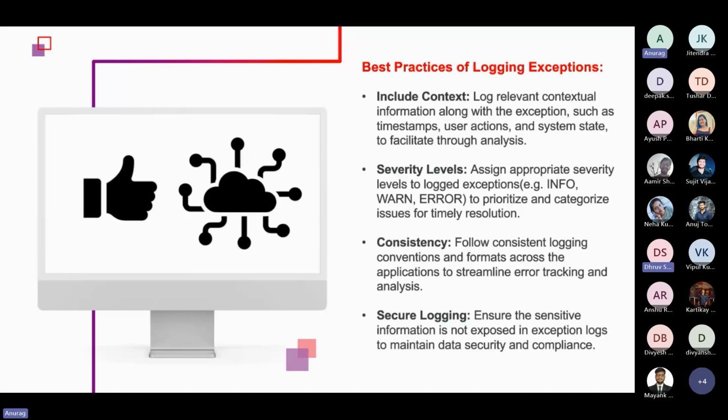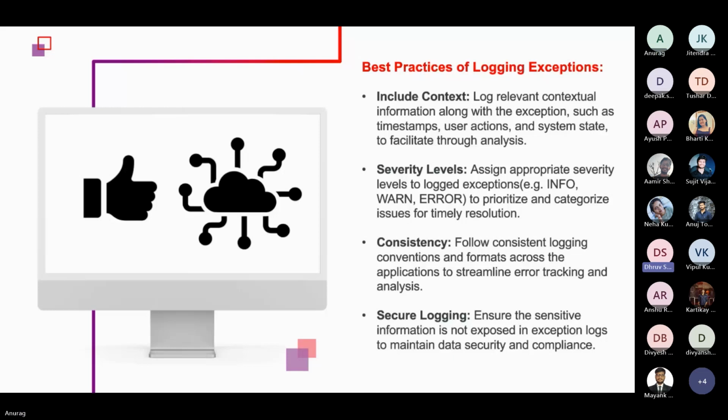So any info specific to any API will be logged by log.info. And if we are assuming any error in any specific part, then we can log that error by log.error, and any warning by log.warn. And after that, consistency. Follow consistent logging conventions and formats across the application to streamline error tracking and analysis. So this is also a best practice.